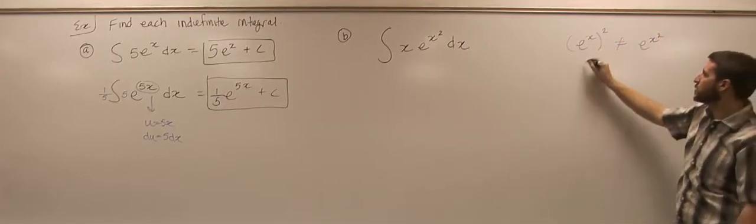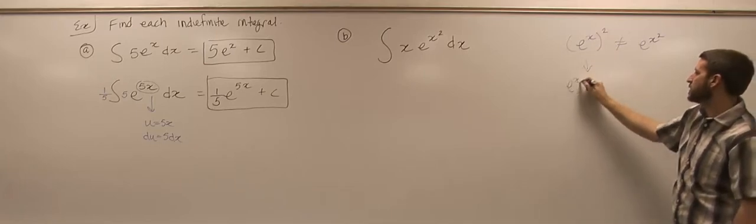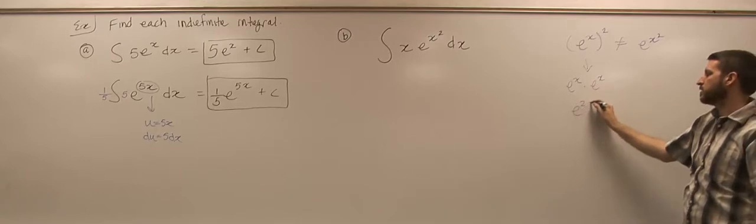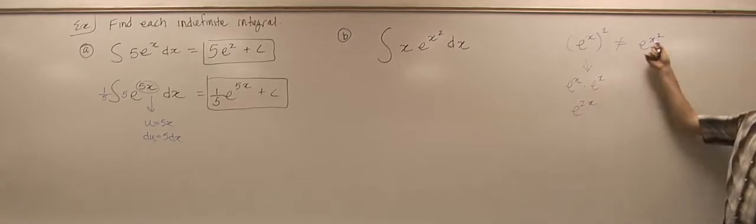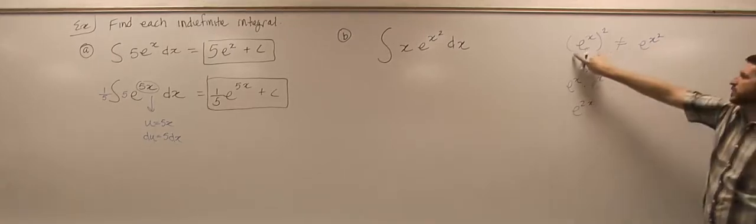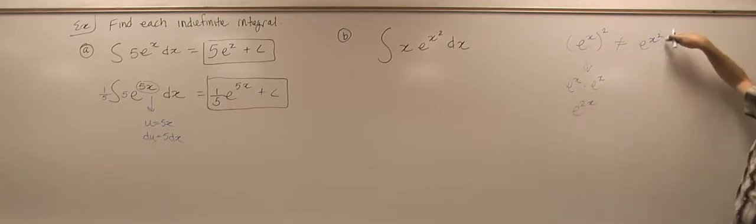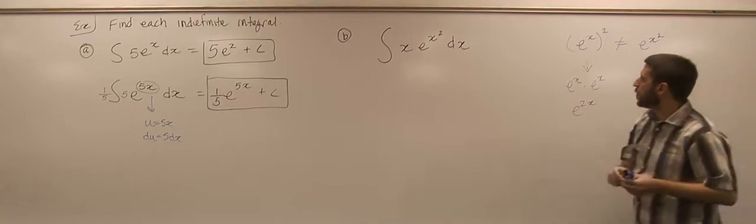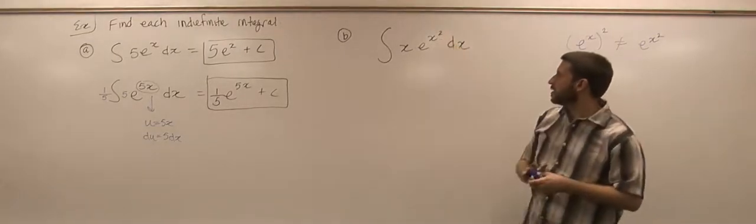E to the x quantity squared means e to the x times e to the x, which when you add the exponents becomes e to the 2x. That's different than e to the x squared, right? So if you don't see these parentheses, assume that the square is on the x. So our square is on the x here.